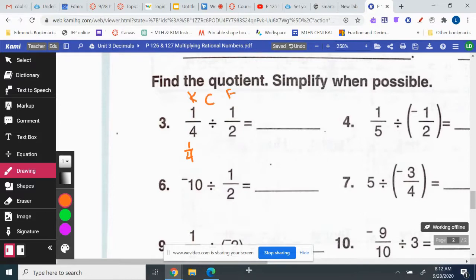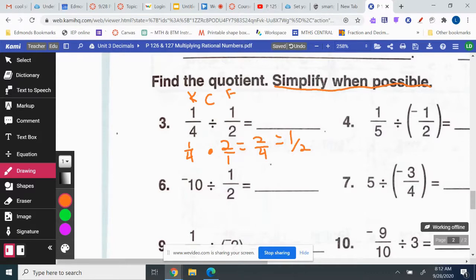I change this to multiplication, and then I flip this fraction to 2 over 1. So when I multiply straight across, I get 2 over 4. And it says simplify when possible. And I know that 2/4 equals 1/2.